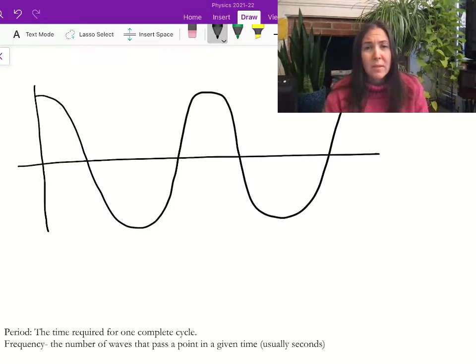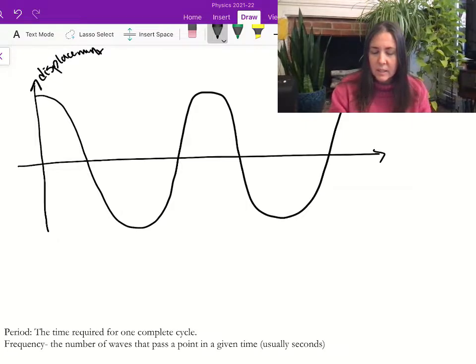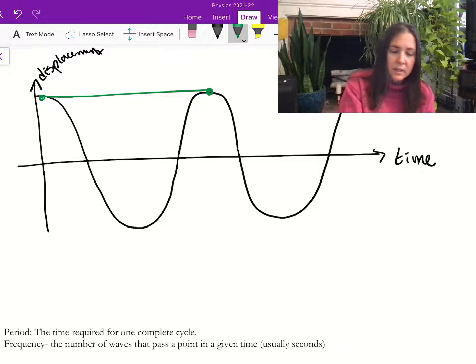Here I have a wave that is on a graph. If the y-axis of this graph is displacement, and the x-axis is time, then the period is the time it takes from one crest to crest, or peak to peak. This is the time. That is the period.